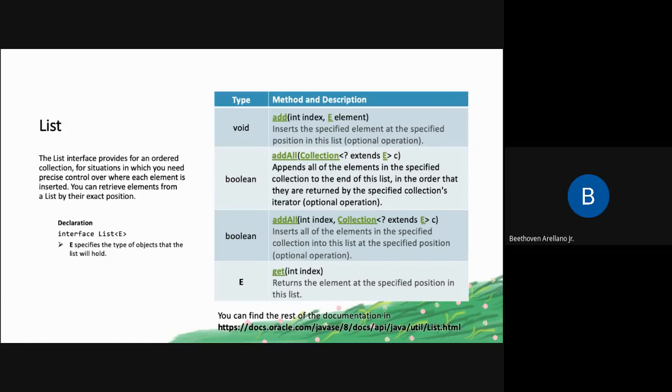Also, several methods will throw an IndexOutOfBoundsException if an invalid index is used. A NullPointerException is thrown if an attempt is made to store a null object, and null elements are not allowed in the list. An IllegalArgumentException is thrown if an invalid argument is used.